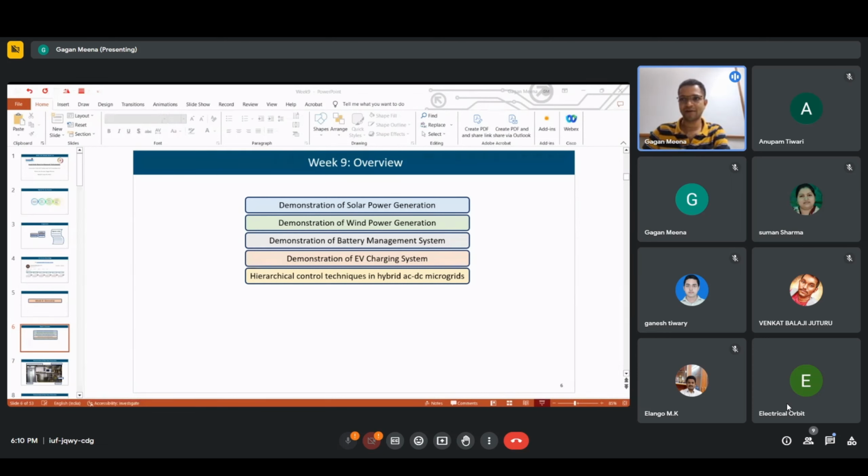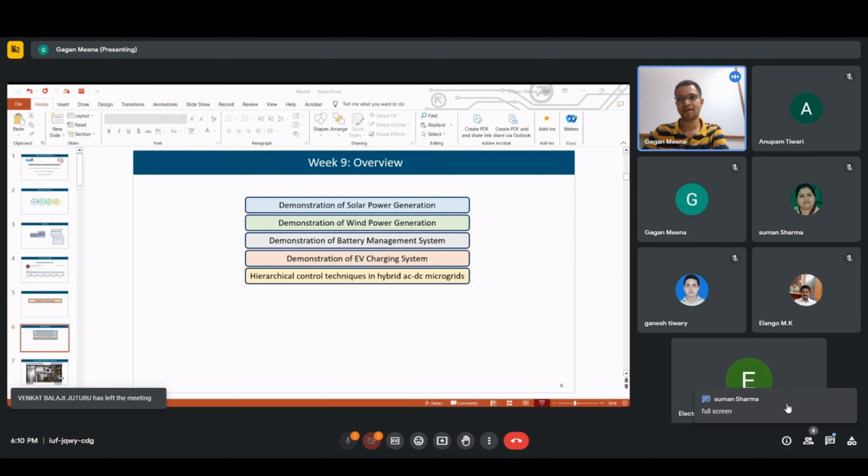We will come across this maybe next week or the week after. This is a real-time digital simulator, and it has software also, RSCAD, just like PSCAD. Have you heard of PSCAD software? Anyone?